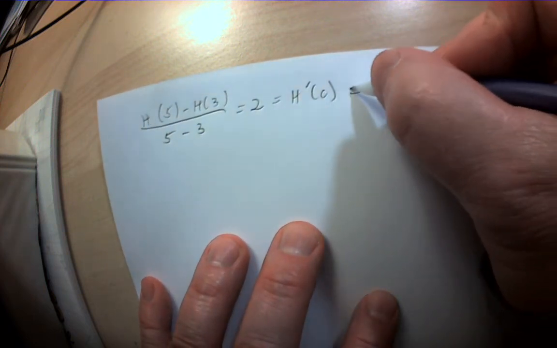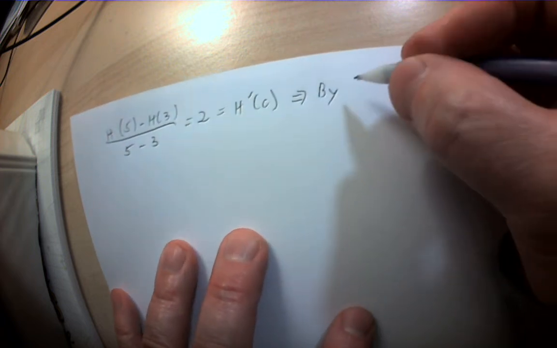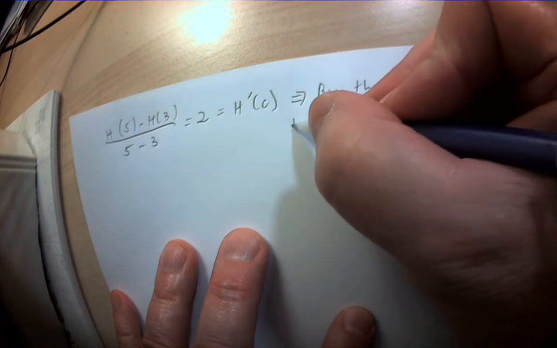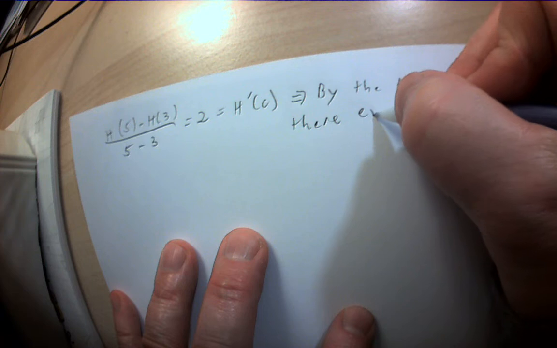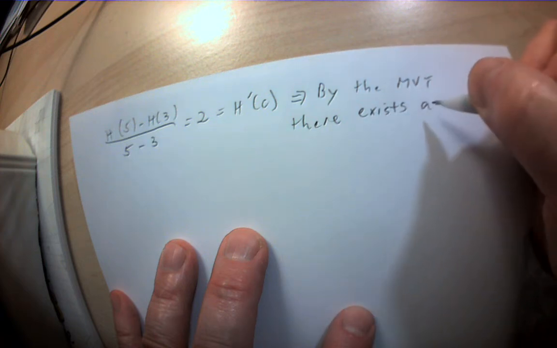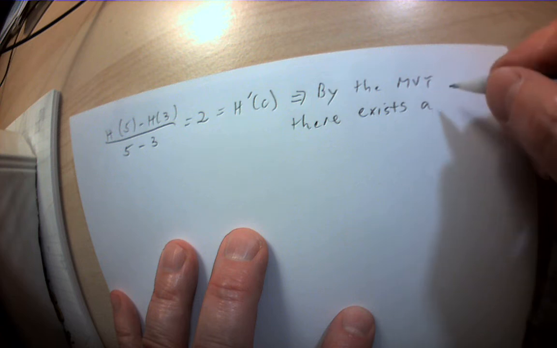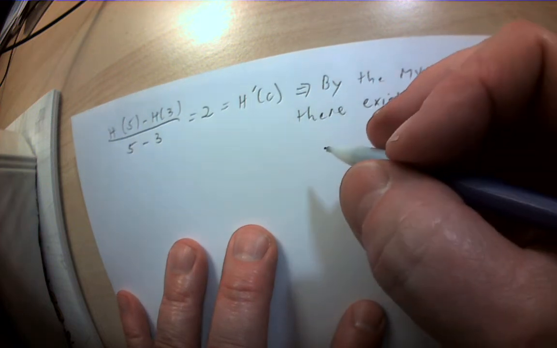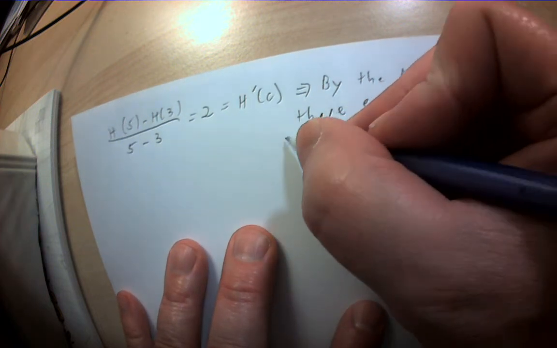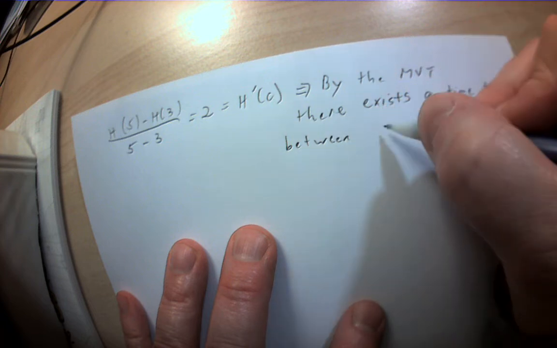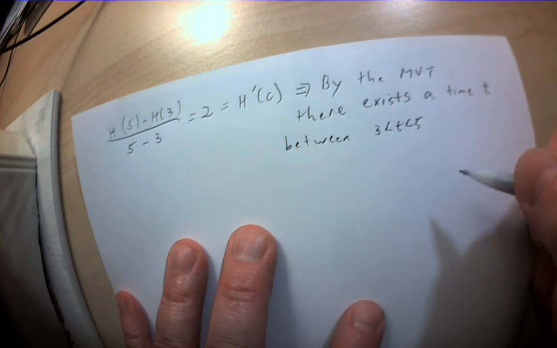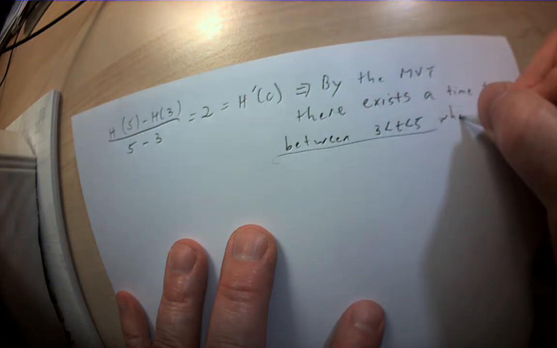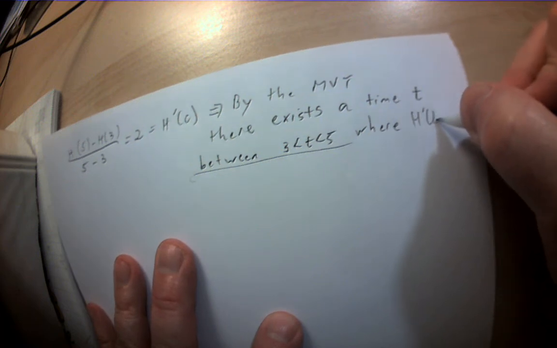Now, guys, you have to say this. Therefore, by the MVT, there exists a time t between 3 and 5 where h prime of t equals 2.